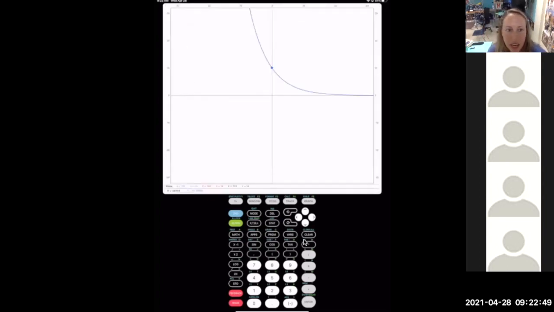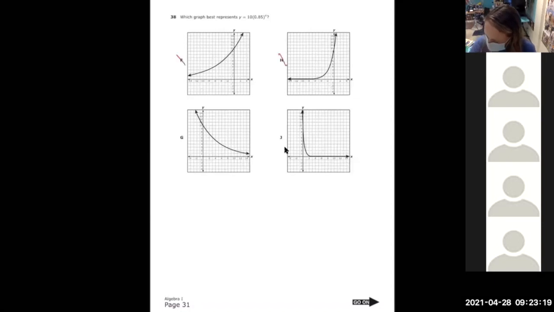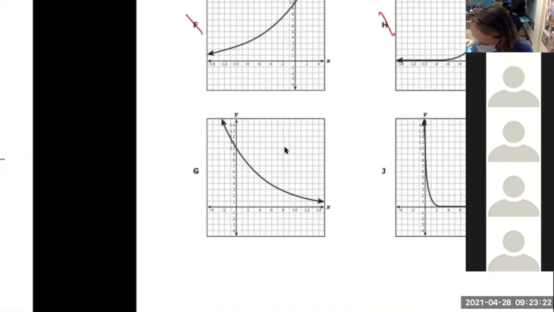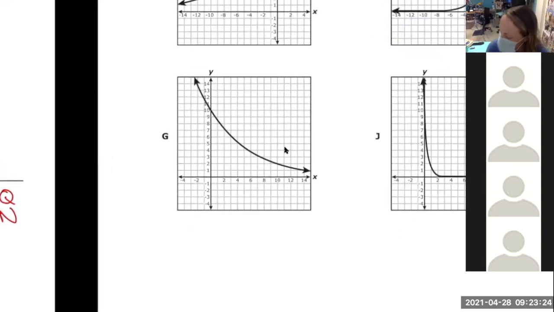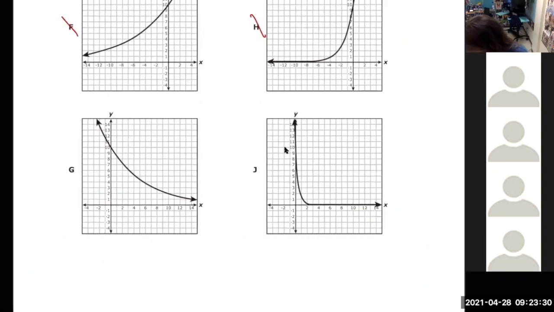So I can automatically cross off F and H. Okay, so we can cross off F and H. And then let's look at the difference between G and J. So G crosses at 10, and it looks like Y also could.